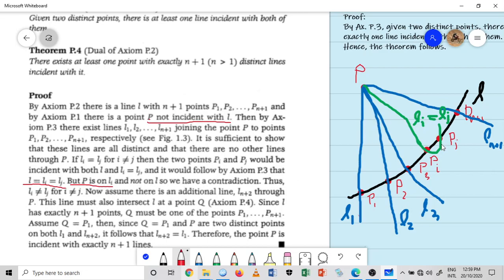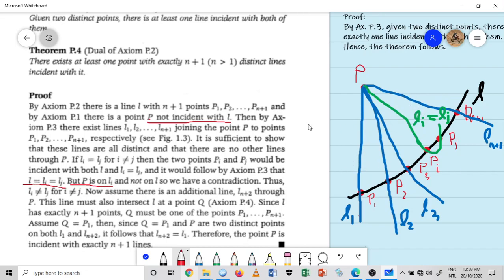So it is wrong to assume that a single line passing through P would have connected 2 points on L to P. Okay, so this cannot happen. Therefore, each of these N plus 1 lines would be distinct.